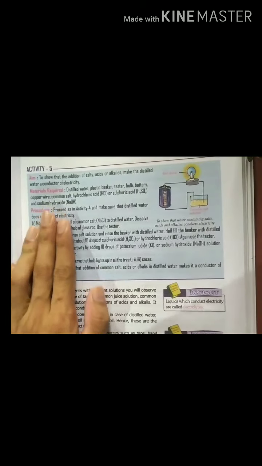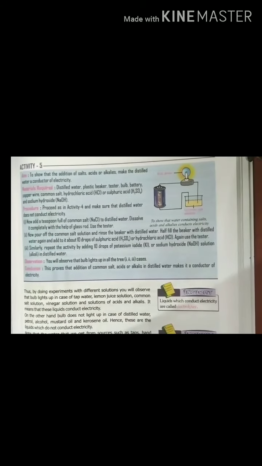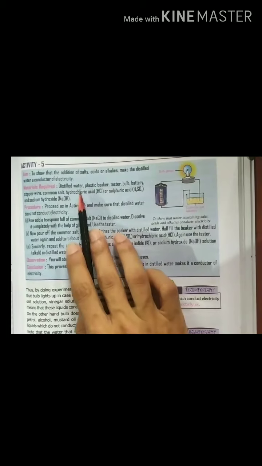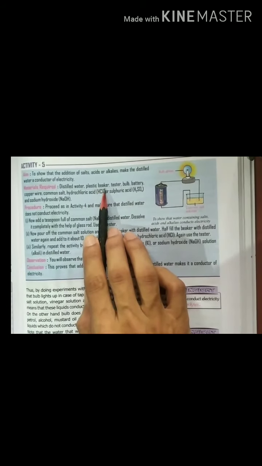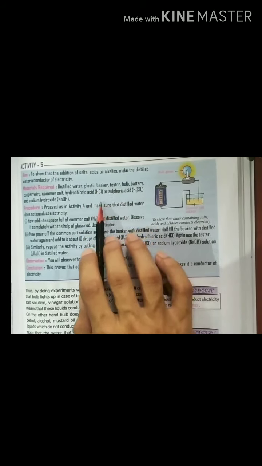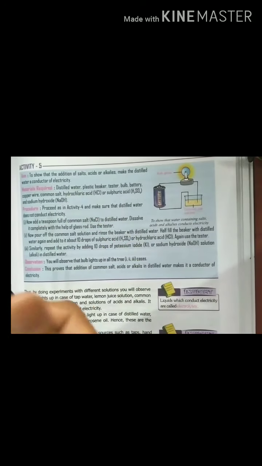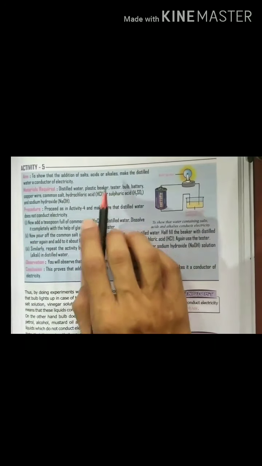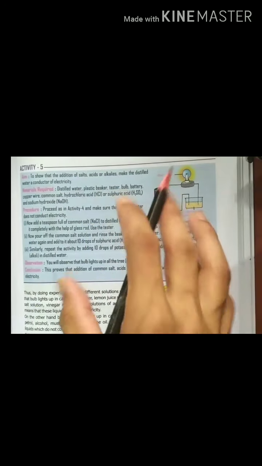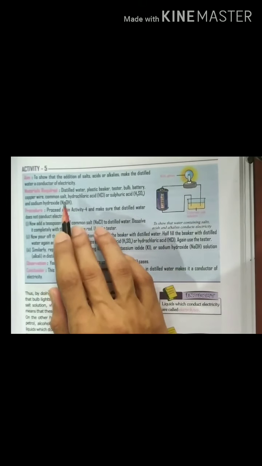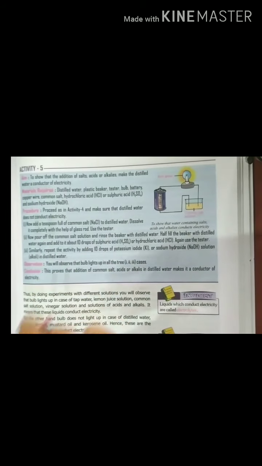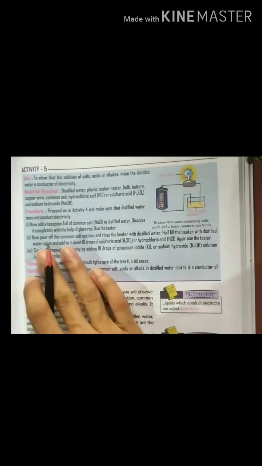The materials required: distilled water; a plastic beaker; a tester to test whether current is flowing or not; a bulb, a battery, copper wire; common salt, that is NaCl, the salt that we eat and use every day.